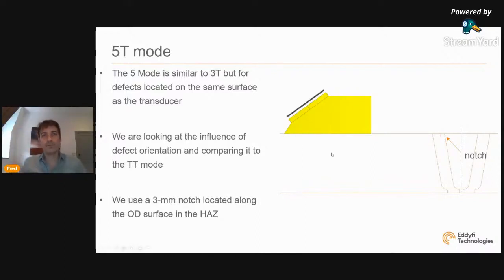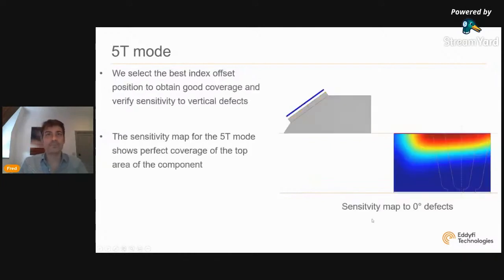We are going to look at the same influential parameters as for 3T: essentially defect orientation and thickness measurement, using a 3 millimeter notch this way. Actually, this notch. I adjusted my index offsets to make sure that I have a good sensitivity map.